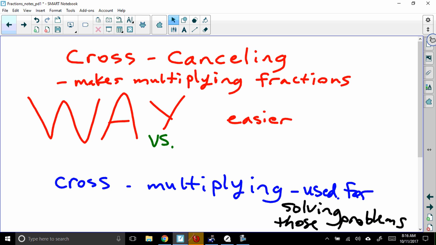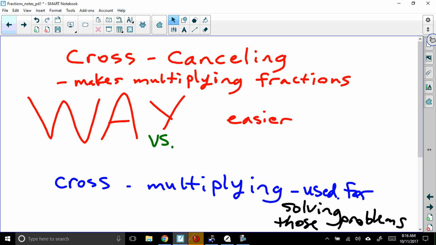And it's a skill, it's an art, it's something that I think wasn't gone over enough in 6th grade. Wasn't gone over at all in 7th grade. Somebody just handed you a TI-30X2S and said, here, there's an ABC button. Use it, because I don't want to go over this stuff with you anymore. So cross-canceling is something that makes multiplying fractions way easier.